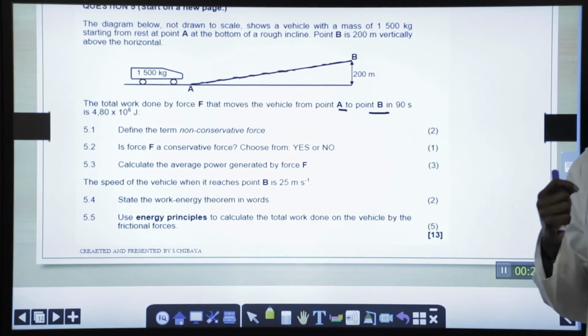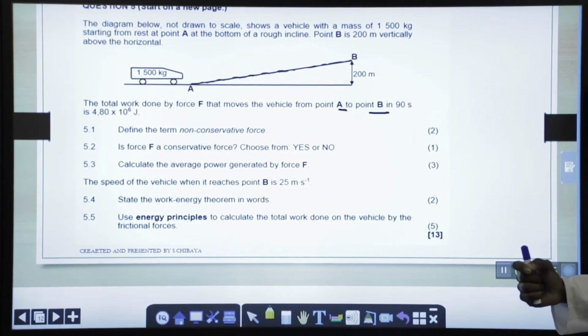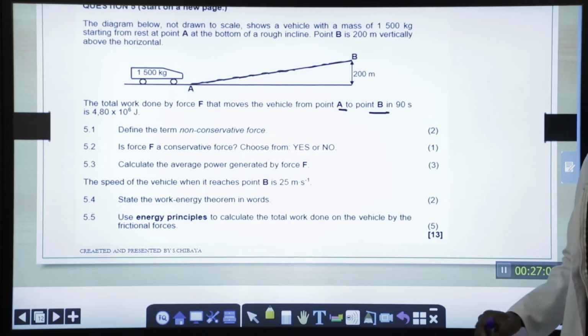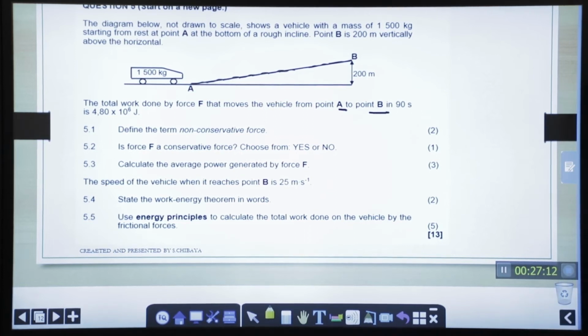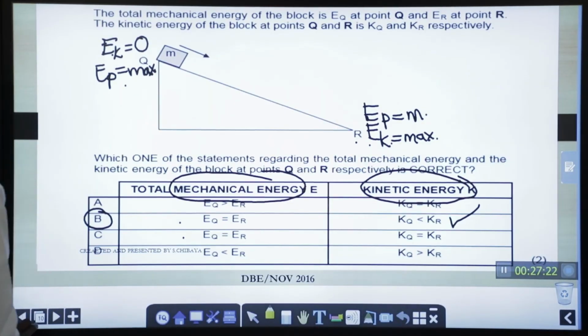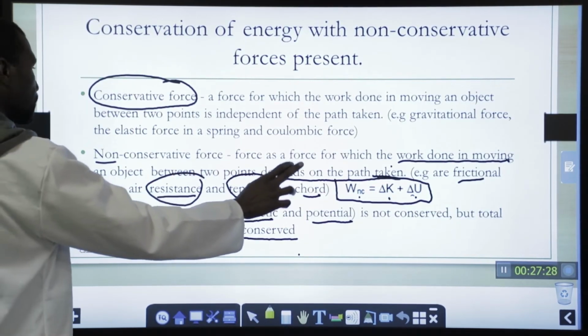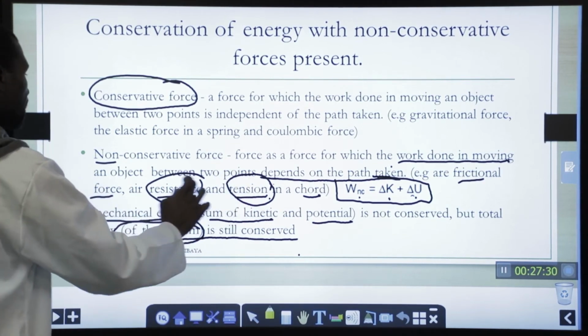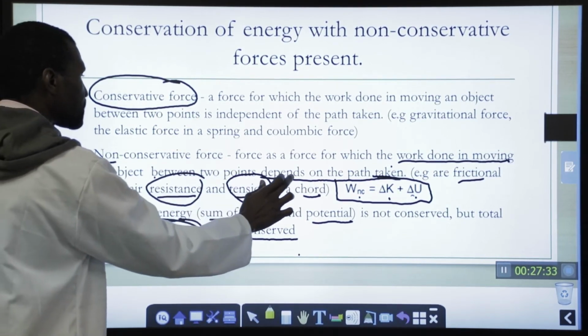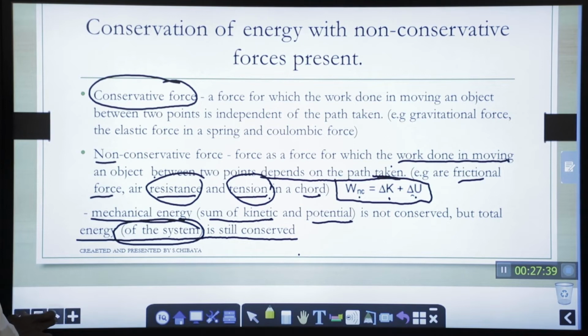So 5.1 is defining a non-conservative force, which we said earlier on: a force for which the work done in moving an object between 2 points depends on the path taken. For example, frictional force.